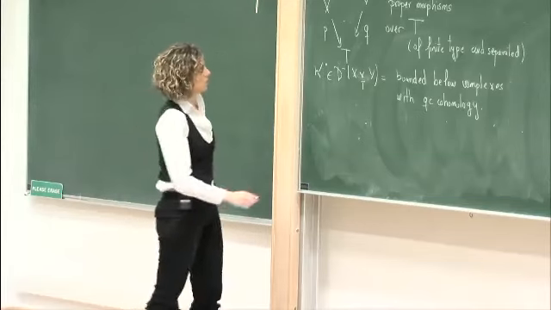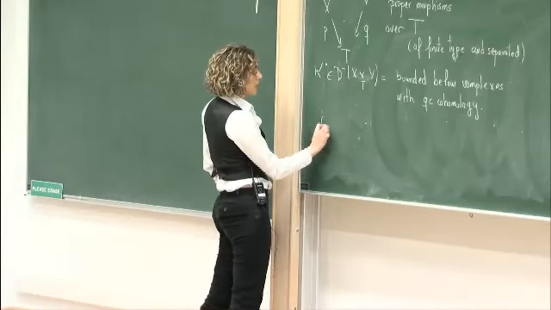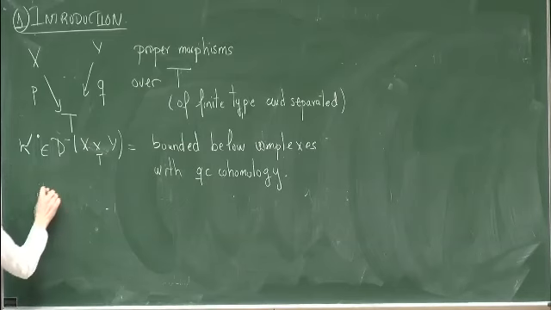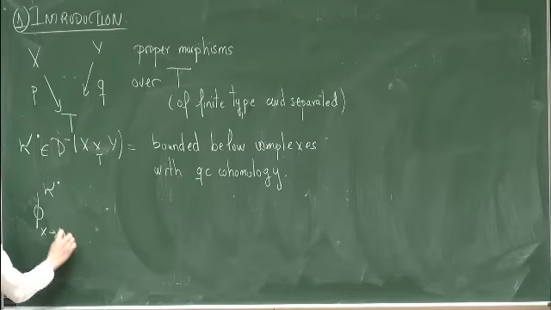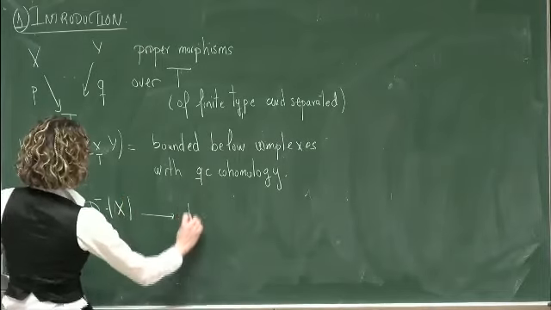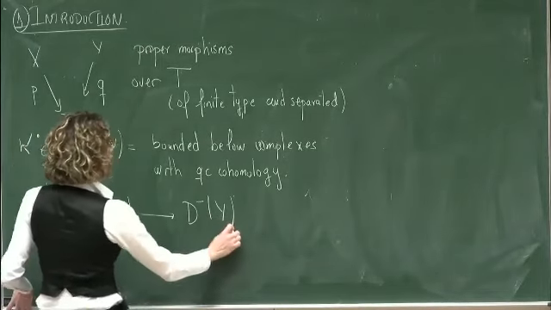In this situation, you can define the relative integral functor corresponding to this object, which is called the kernel. I will use this notation to say that this goes from D minus of X to D minus of Y.